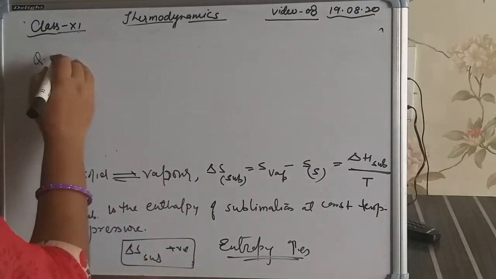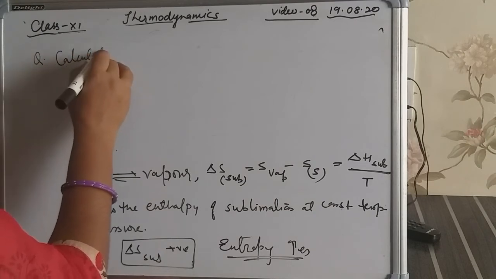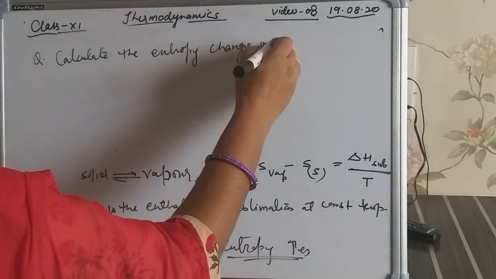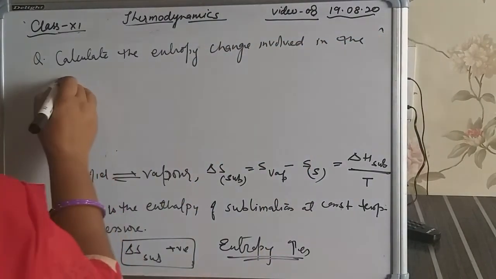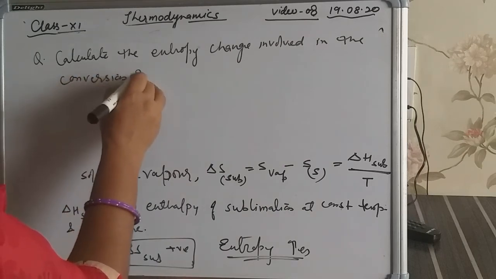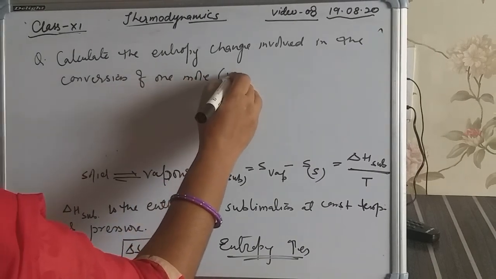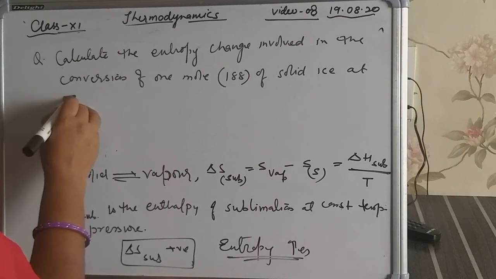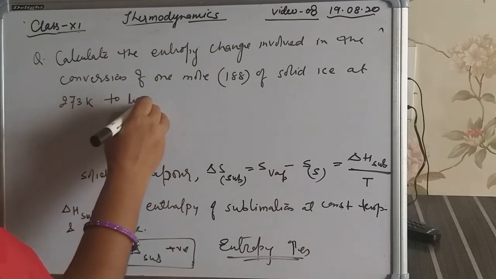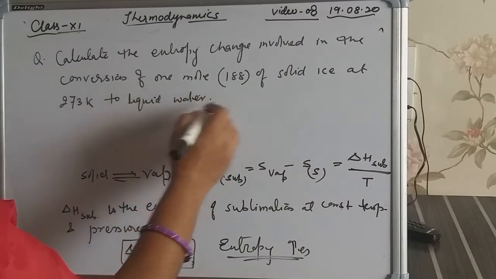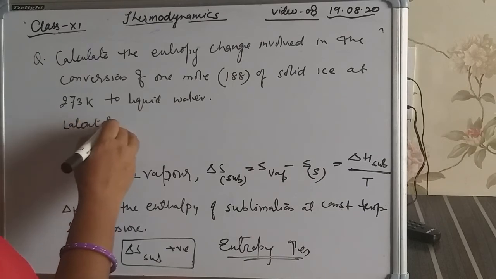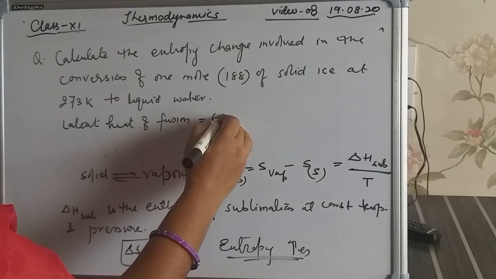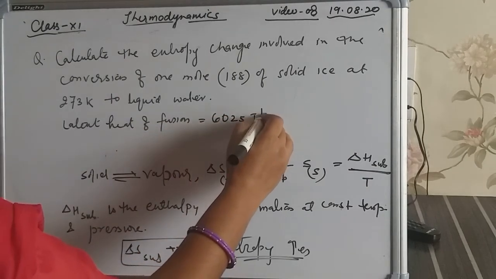Let's do one question based on this. Calculate the entropy change involved in the conversion of 1 mole of solid ice at 273 Kelvin to liquid water, and the latent heat of fusion is 6025 joule per mole.